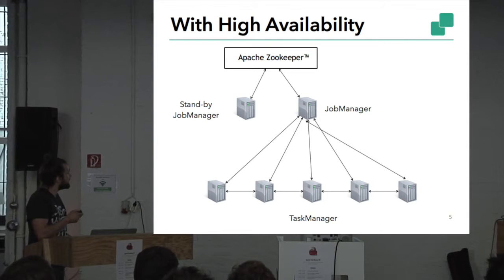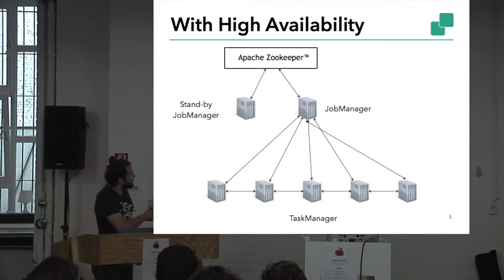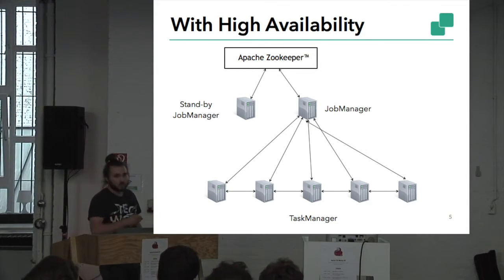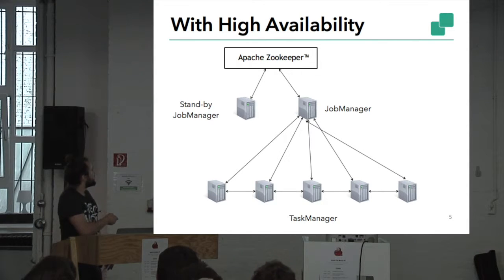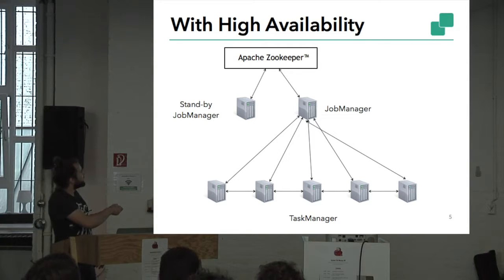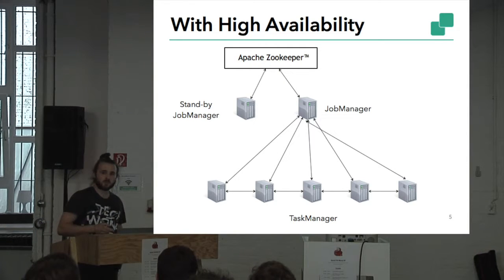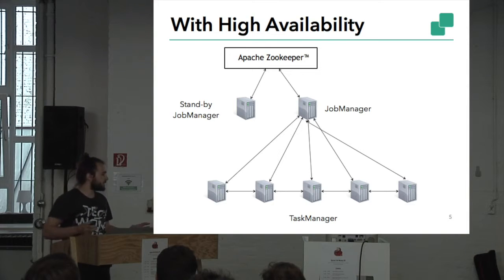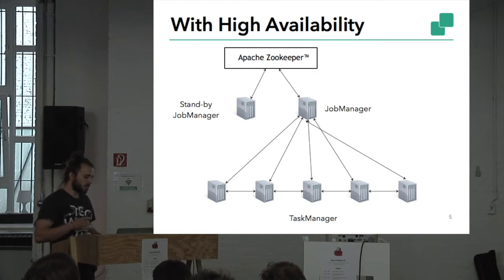Here the idea is that, again, we have master and task managers, but additionally you have a standby job manager. In this example I have one standby job manager, but you can also have more standby job managers if you want to be extra highly available. These job managers communicate with Apache Zookeeper. I don't know if enough people know about Zookeeper, but it's basically a system for doing things and storing stuff in a reliable and consistent way.